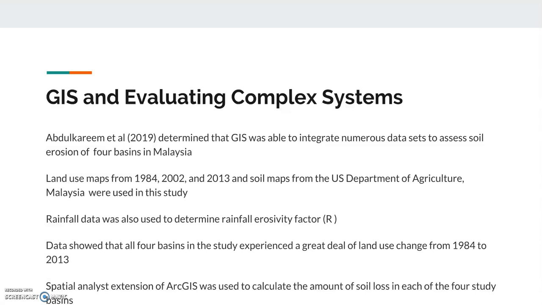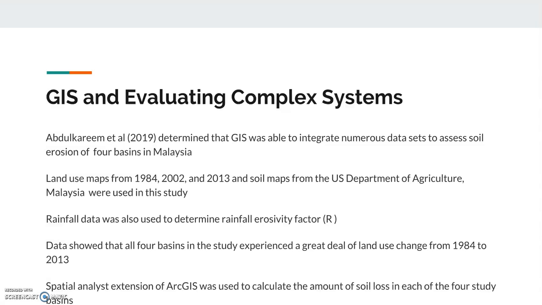Again, they were using land use maps, this time from 1984, 2002, and 2013, as well as soil maps. They also used rainfall data to help look at possible erosion. The data showed that all 4 basins in the study had experienced a great deal of land use change from 1984 to 2013.